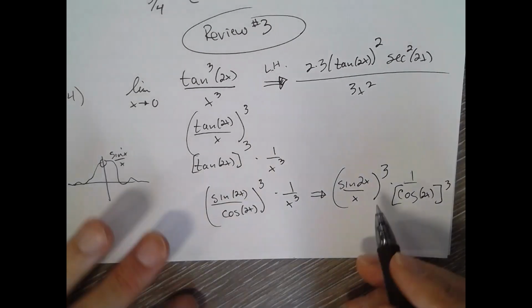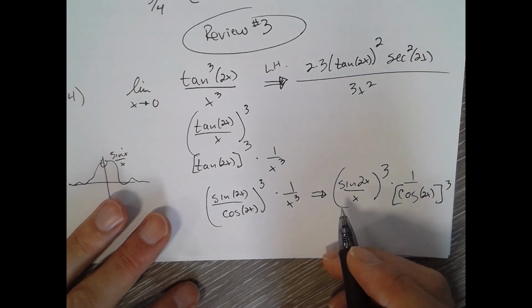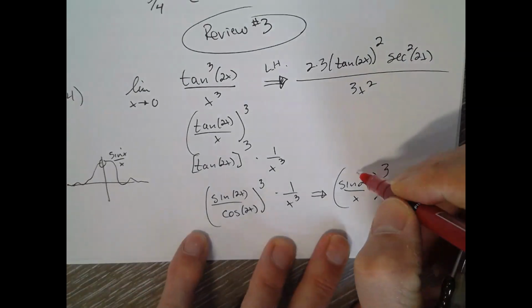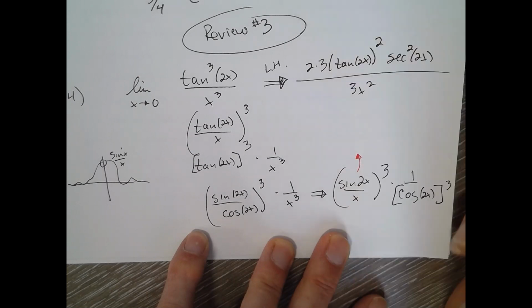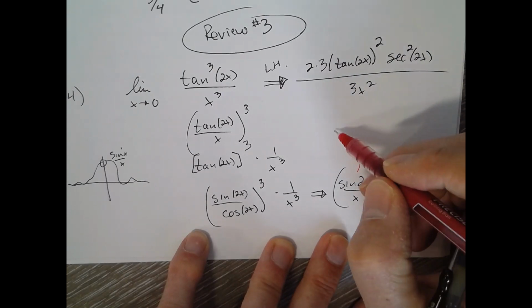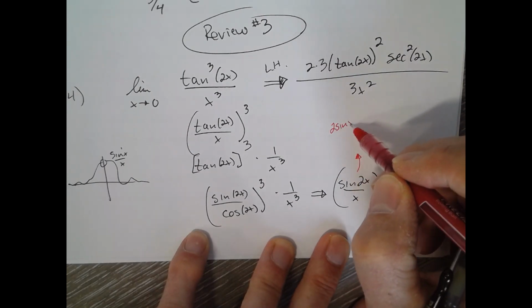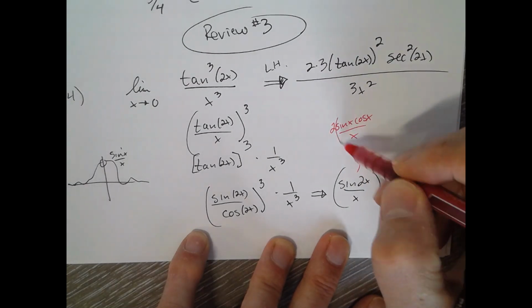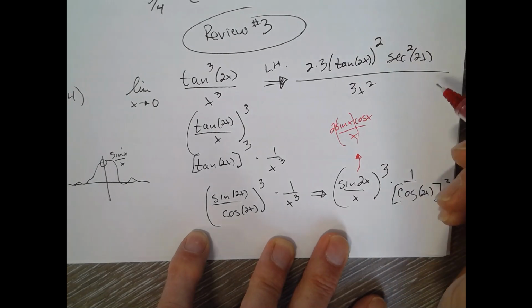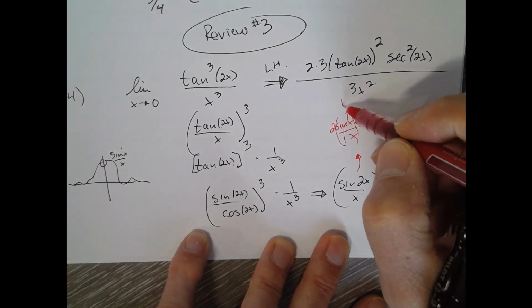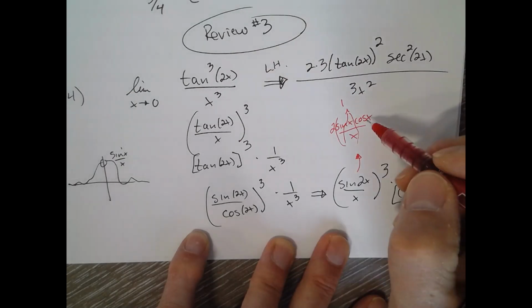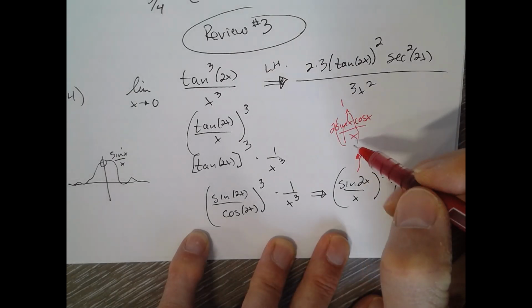Well, sine of 2x over x is 2, but if we didn't know that, sine of 2x is 2 sine x cosine x. Sine of x over x is 1, so this goes to 1. And 2 times the cosine at 0, which is 1, so this ends up being 2.